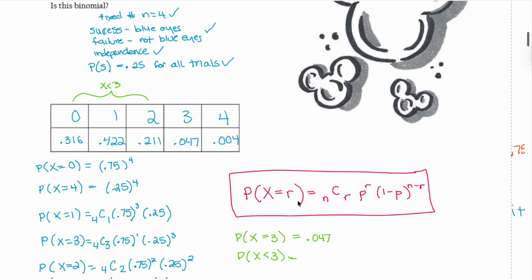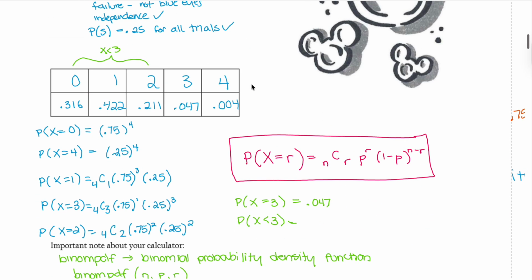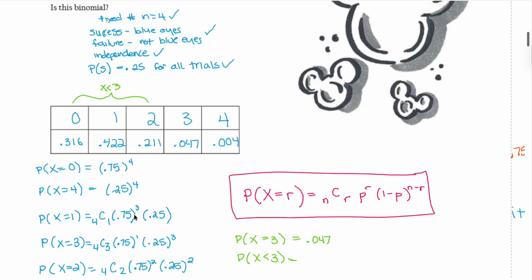So plugging the values into this formula, we get the probability of x equal to 1 is equal to, there are 4 total children, so 4C1 times 0.75 raised to the 3rd power. Well, p is actually the probability of success, so 0.75 raised to the 3rd power times 0.25.